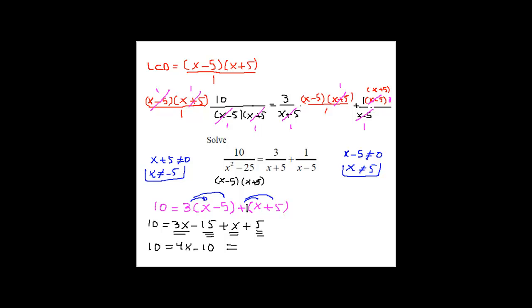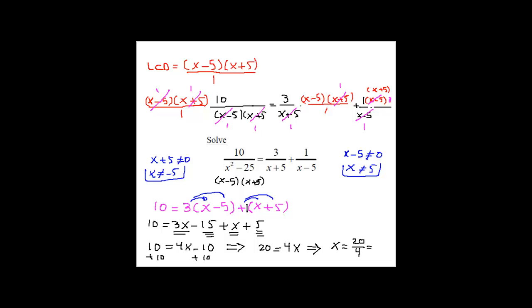So if I add 10 to both sides of the equation, then I would get 20 is equal to 4x. All right, Joshua, can you tell me what x is equal to here? x equals 5. 20 over 4, which is equal to 5.